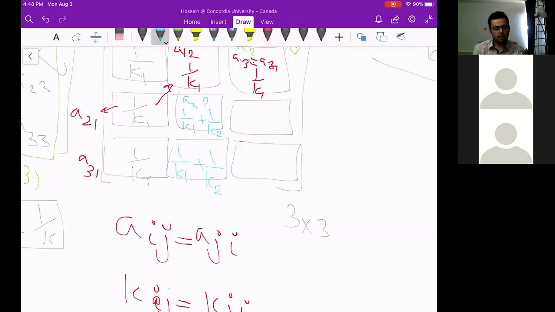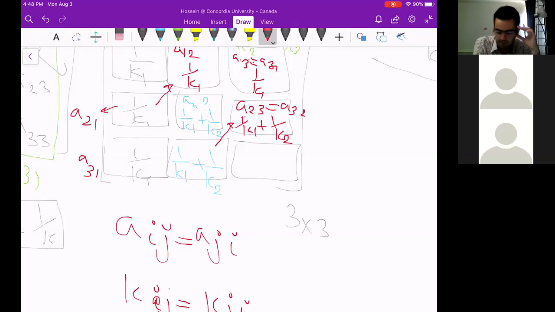And similarly, according to the reciprocity theorem, I can easily fill out this term without any calculation. A23 is equal to A32. So therefore, I can say 1 over K1 plus 1 over K2.